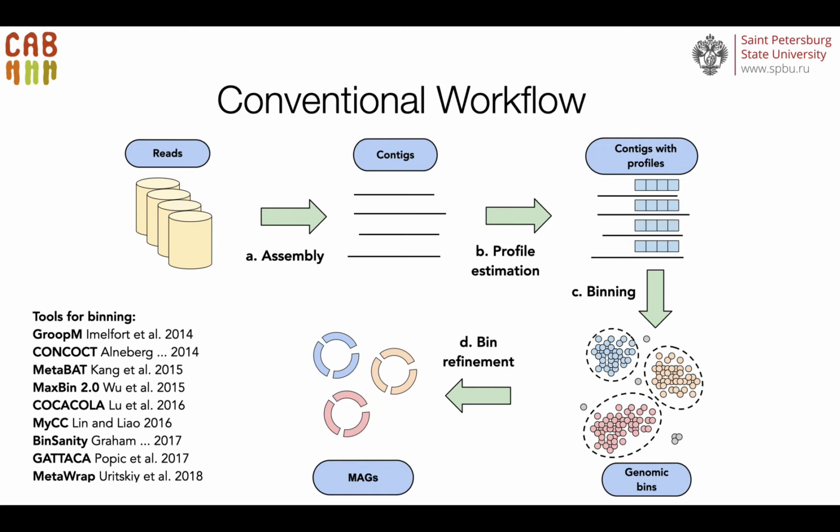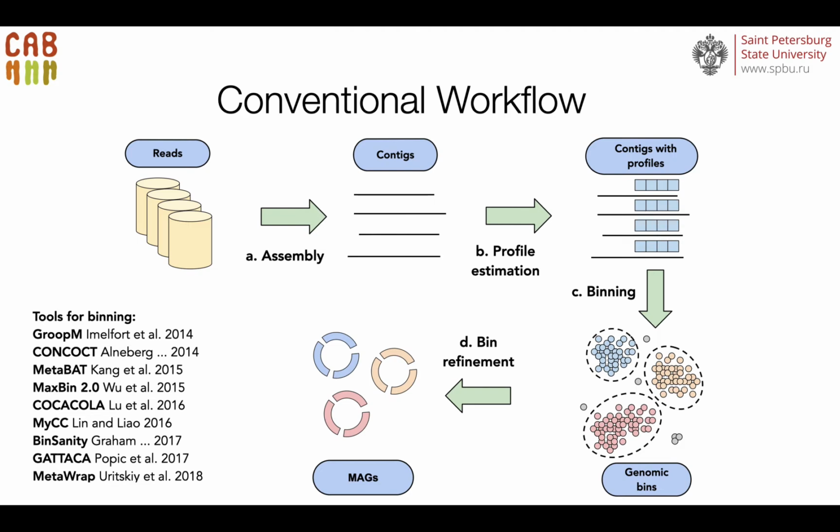The conventional workflow to derive a MAG is to start with the normal sequencing reads, then go through the assembly using a metagenomic assembler like MegaHit or Metaspades or IDBA-UD or whatever, or Metaflye for the long reads.